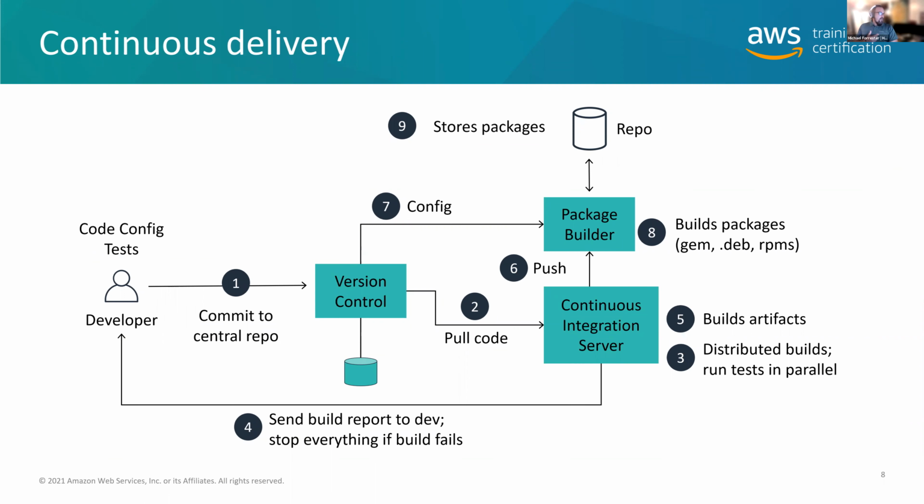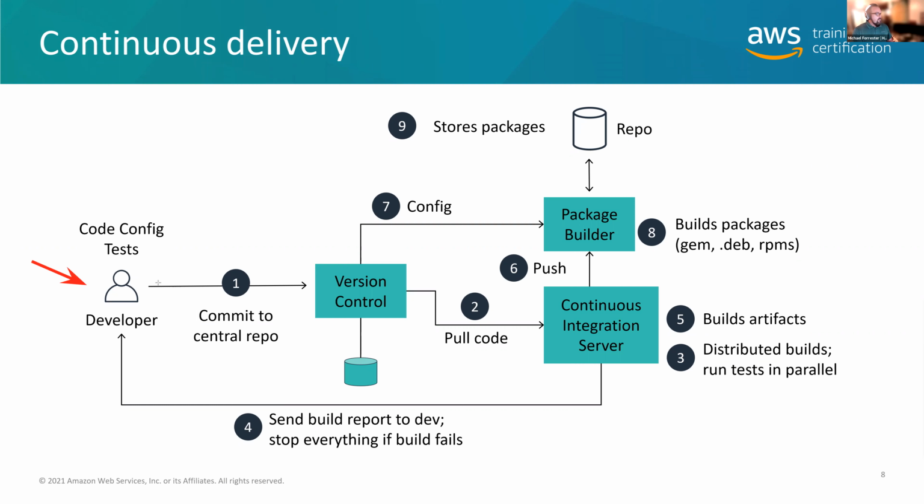Here, by the way, is where you've got a developer on the left-hand side, and they're committing to a central version-controlled repo. And then there's a CI/CD server, which you can see here. Let me pull this up for some annotation so I can refer to this.